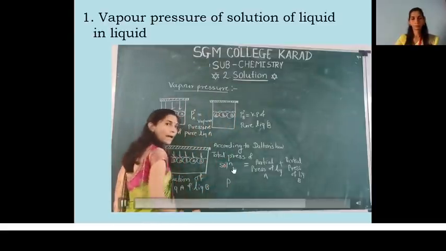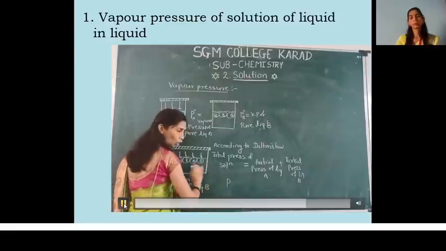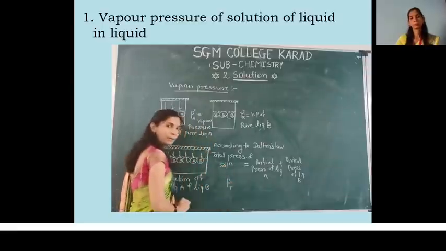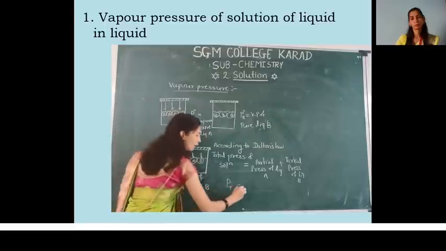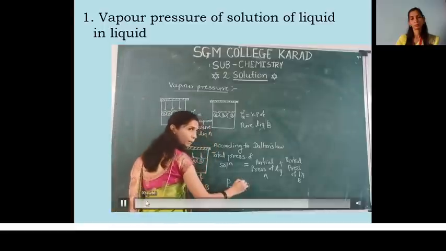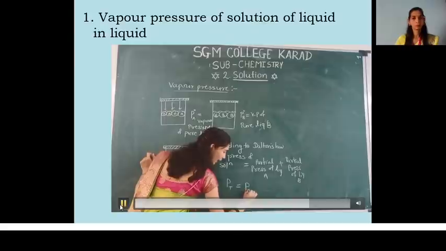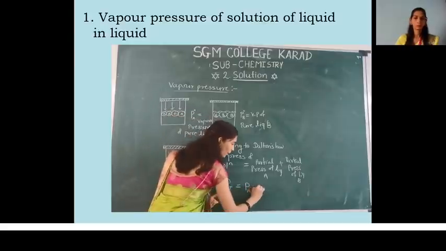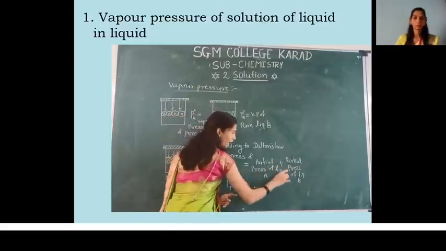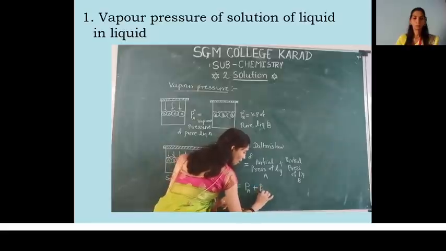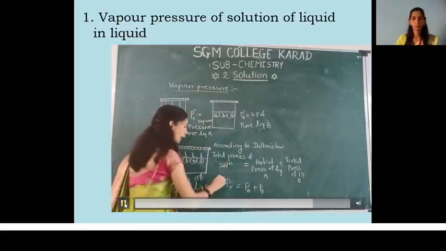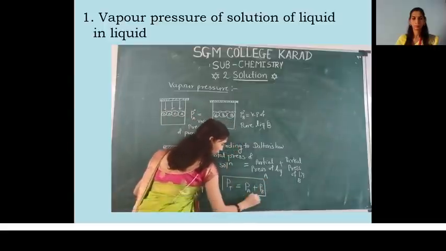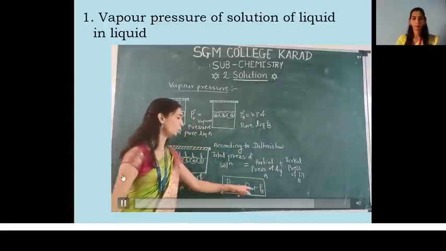It is denoted by PT, total pressure. Therefore we write PT is equal to, see, the partial pressure P of liquid A, that means PA, plus partial pressure P of liquid B. According to Dalton's law, we have an equation. This equation PT is equal to PA plus PB.